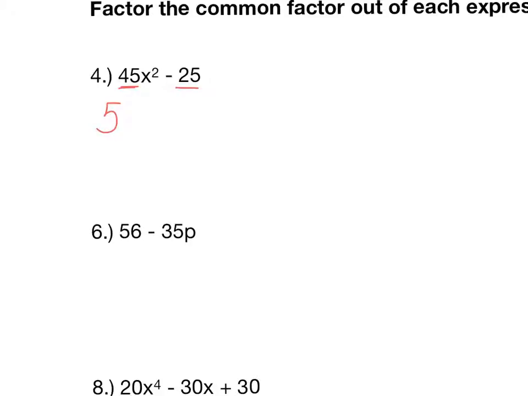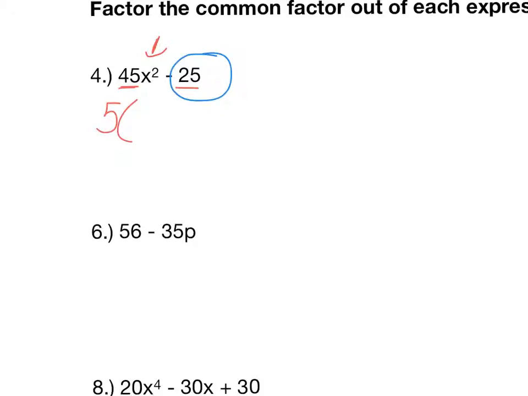We have an x squared, but we can't take out any x's, because the second term of this binomial doesn't have an x. We can only factor out a variable if it's in all of the terms of a polynomial. So the only thing we can factor out is that 5.